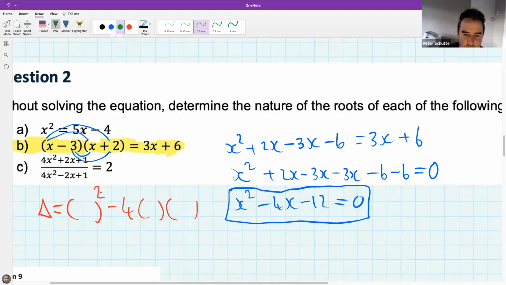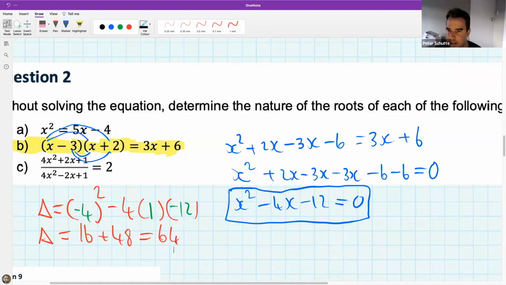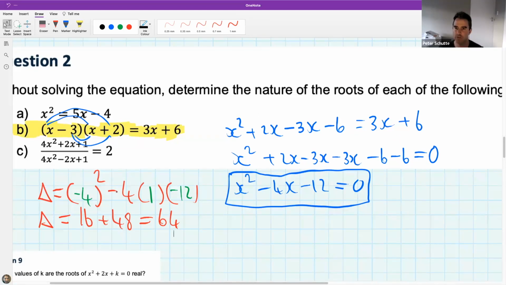We have to watch out for these substitutions so that we don't make a silly mistake. Yes, because of -4 times -12, I get delta as 64. Now, if delta is 64, how would I classify my roots?